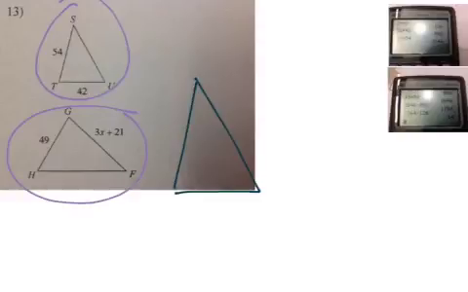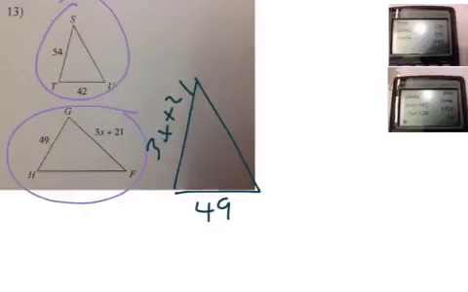It is bigger than the original. And I hope you notice that the 49 is the shorter side and 3x plus 21 is the longer side. It's important that we get the correct sides to match up.